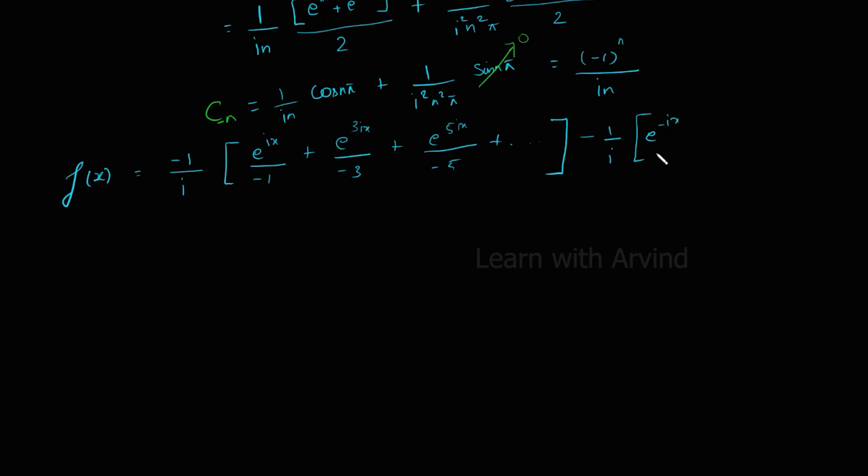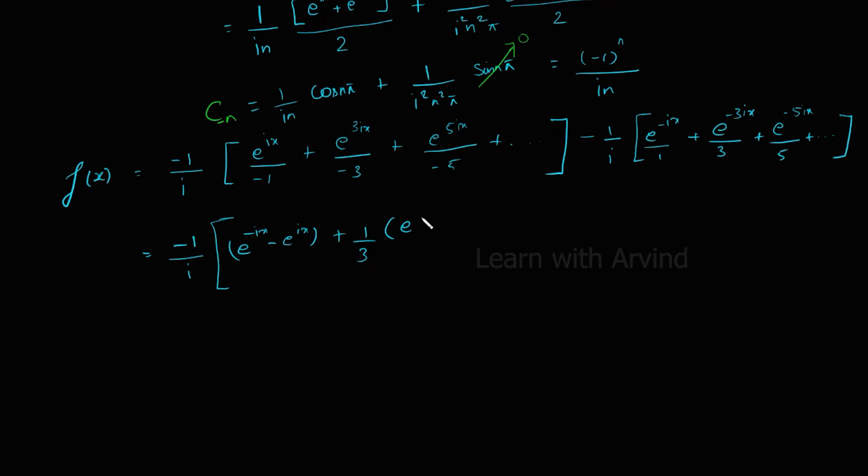Minus 1 by i, in the same way this would look like minus 1 by i of e power minus i x minus e power i x plus 1 by 3 of e power minus 3 i x minus e power 3 i x plus 1 by 5 of e power minus 5 i x minus e power 5 i x and so on.